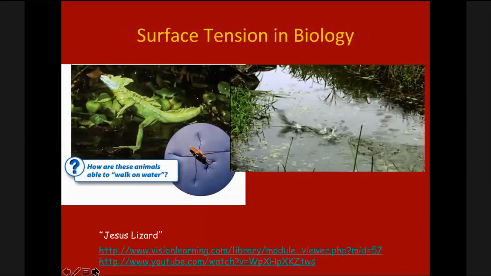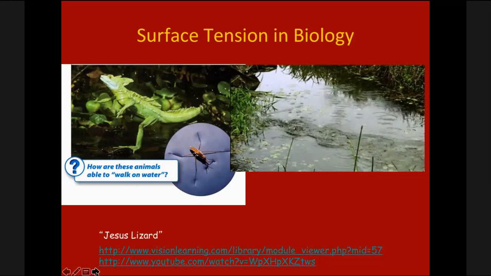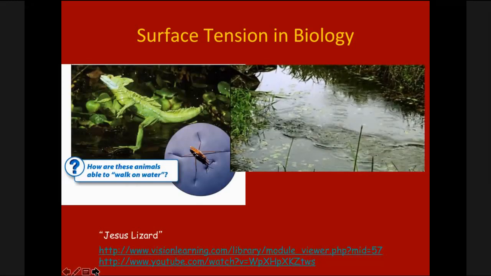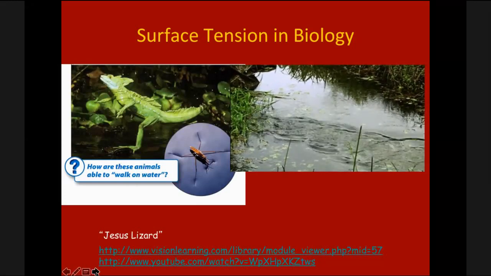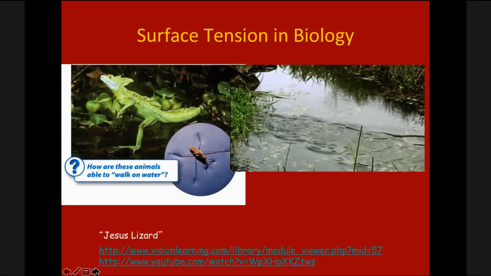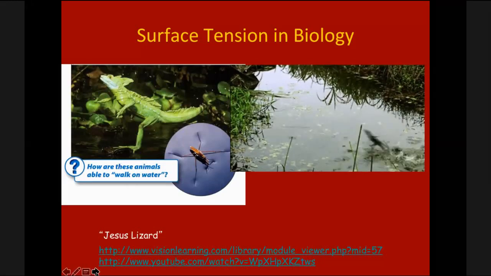Right? So here's another terrestrial critter. And normally in the lab room, we have a basilisk that you would have been able to see. The basilisk is sometimes commonly called the Jesus lizard, right? Because despite its size, it's able to run across the surface of the water. And the reason it's able to do so is, one, because it's moving so fast.